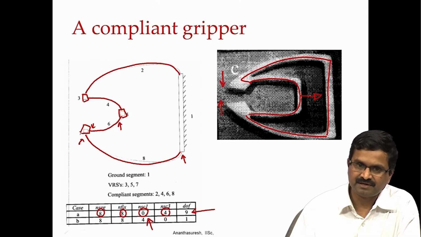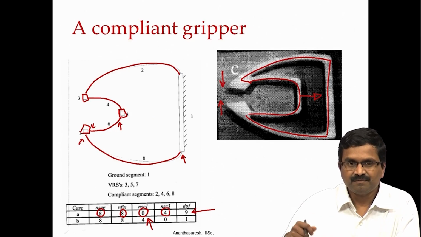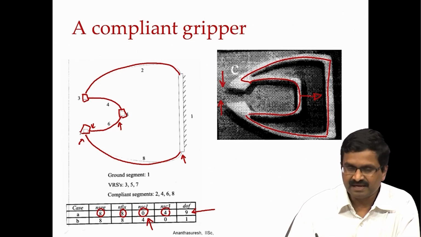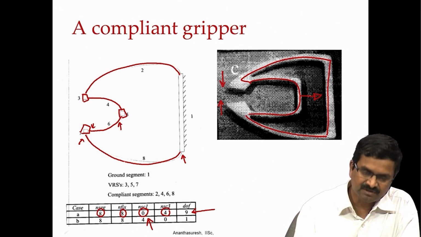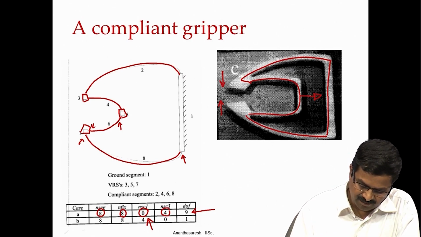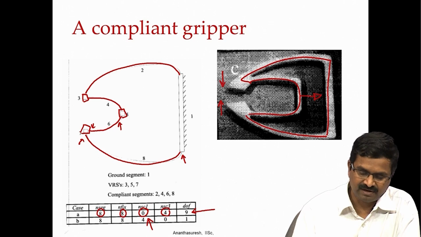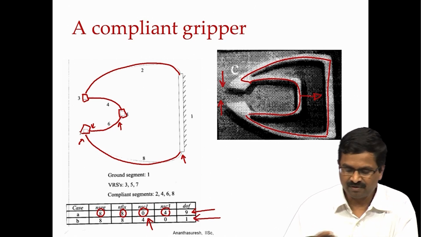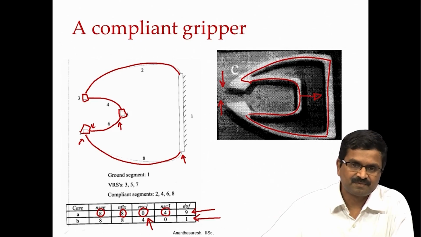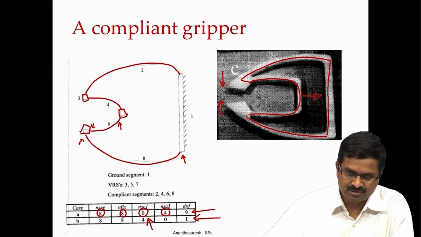Now, when you say a segment in the planar case has 3 degrees of freedom, it can bend in more than one way to cause x and y displacements and possibly a rotation, right. Those are the 3 freedoms. You say that each of them simply bends in only one mode, in which case you take segment compliance 1 for each of those, then you get degree of freedom 1, and that is how we can interpret it. So, we have to have a little understanding of segment compliance depending on the situation.